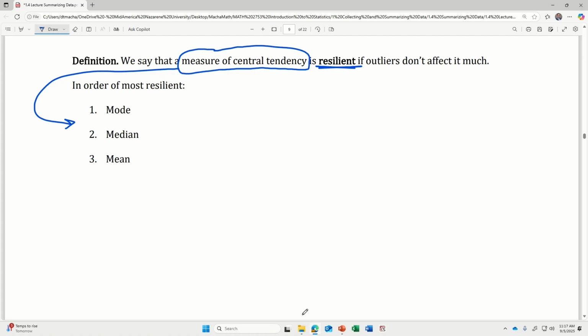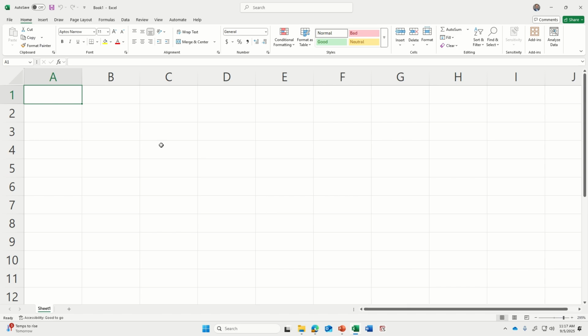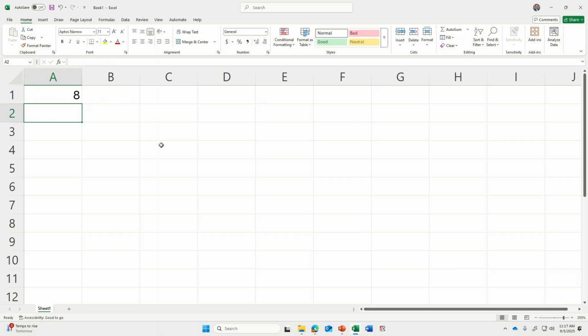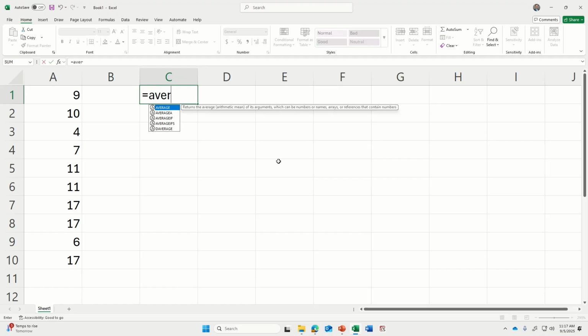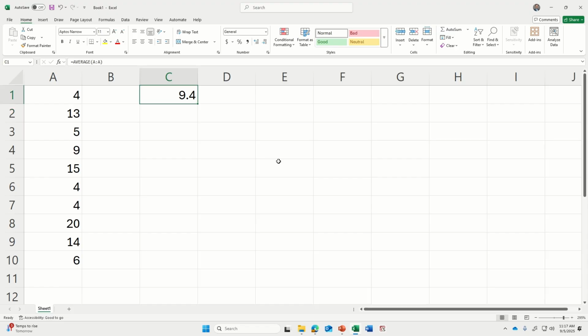We can do a little experiment to show you this too. Let's do an experiment. I'm going to start by making a little data set. There we go. If I want to know what the sample mean is, there's my sample mean.